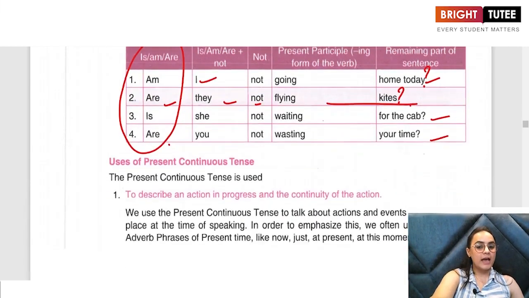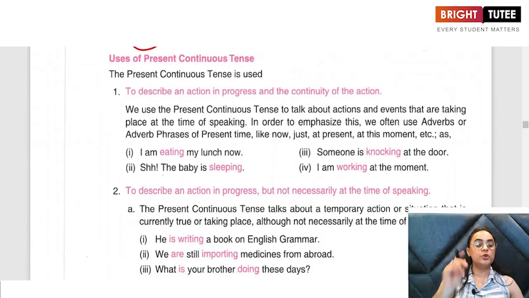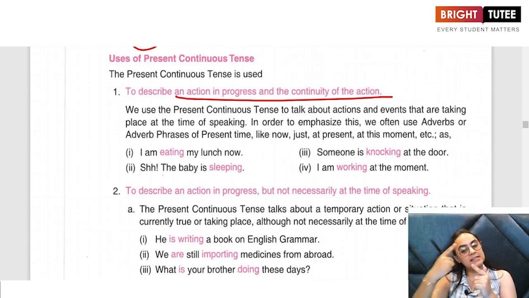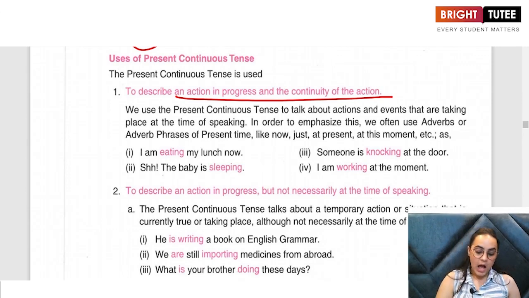Now let us look at the ways in which we use the present continuous tense. The first use of the present continuous tense is to describe an action which is in progress and continuity of the action. So it is taking place in a progressive manner. For example, I am eating my lunch now. You see, the adverb now is used here.